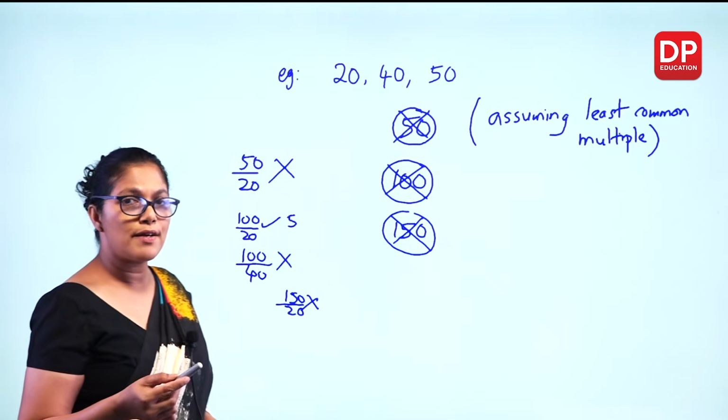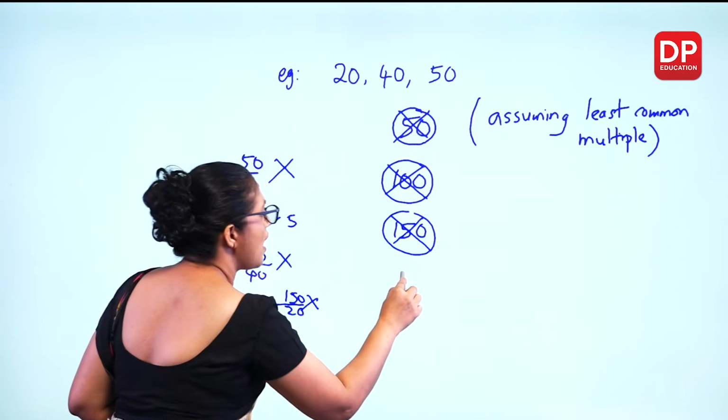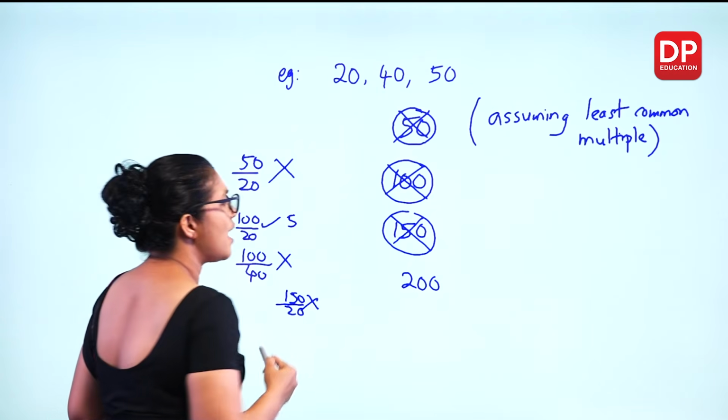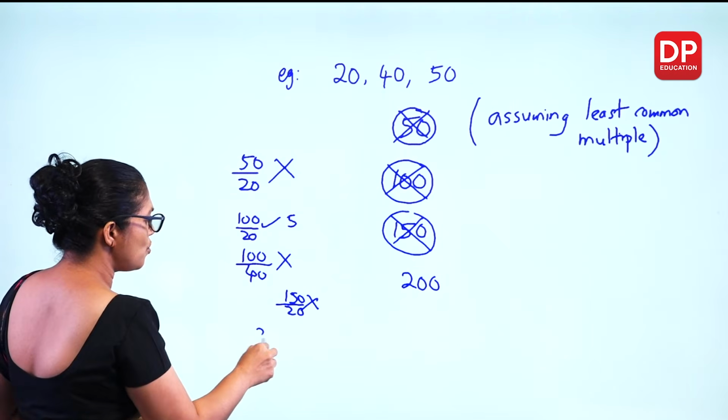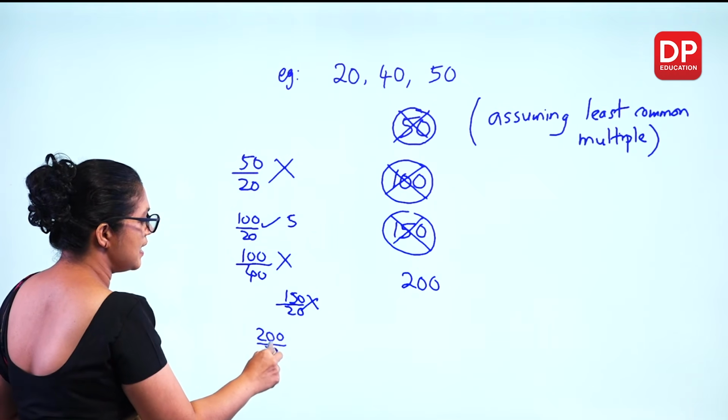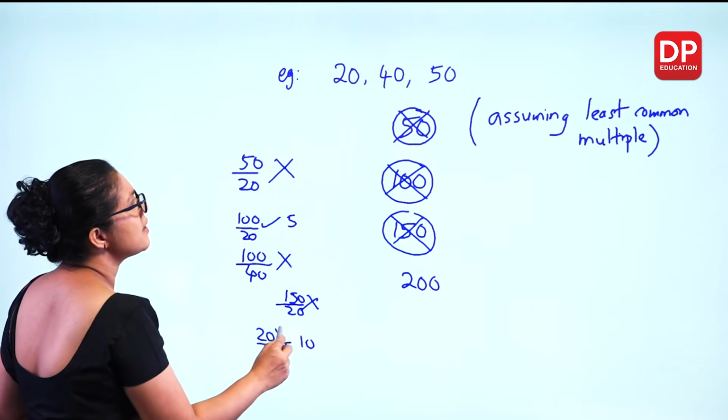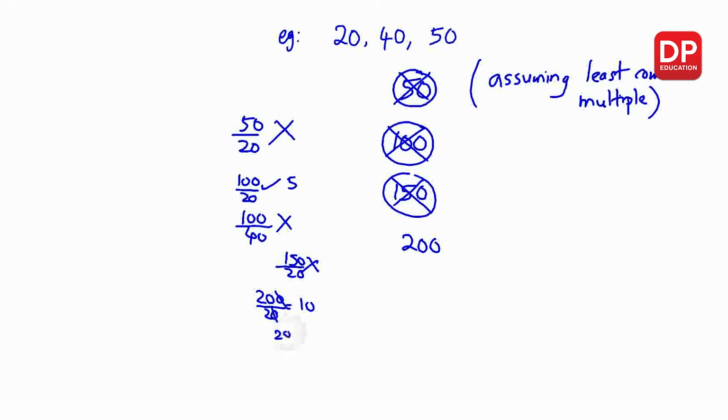So you have to ignore this number as well. Then what's the next one? 50 times 4, 200. Now we'll check with 200. 200 divided by 20: yes, it's divisible and you get 10. 200 divided by 40: yes, it's divisible and you get 5. What about 200 divided by 50? Yes, it's divisible and you get 4.